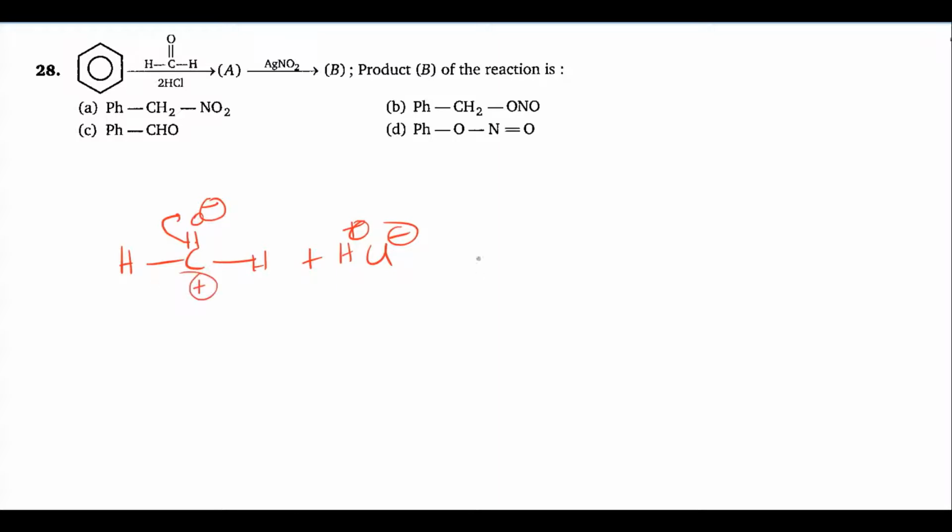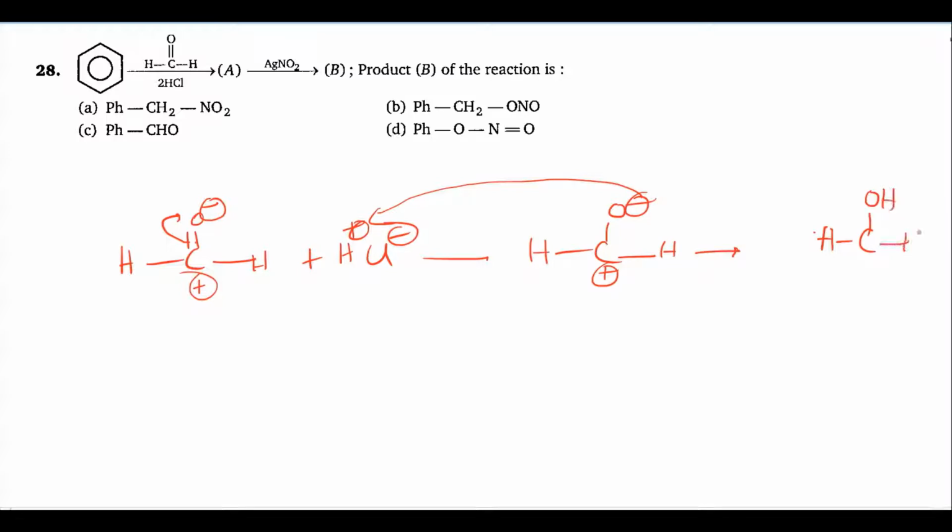So then you can see here O minus, hydrogen, here positive. There is a generation of electrophile. So the O minus attaches to this H plus and then HCOH with a positive charge on hydrogen. Now you can take benzene. This is electrophilic substitution, aromatic electrophilic substitution. So the bond is going to break like this.